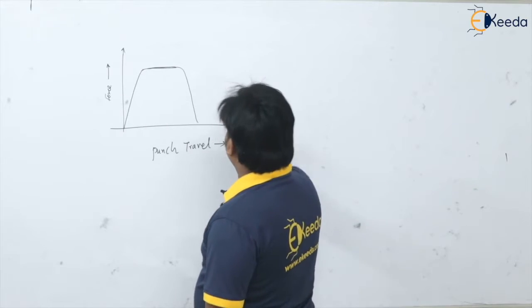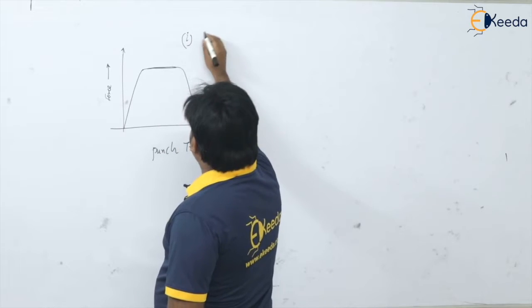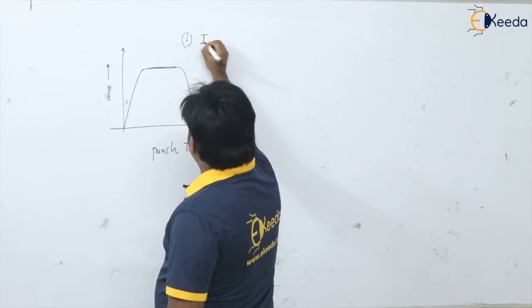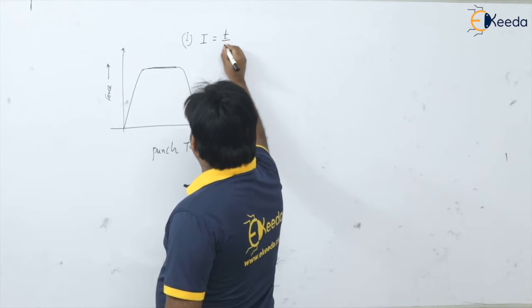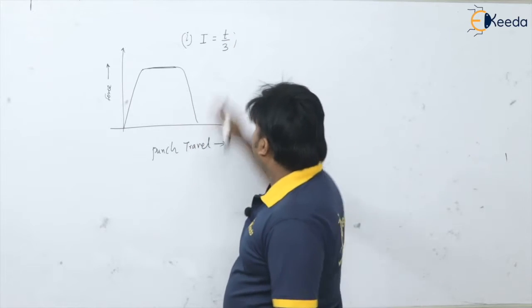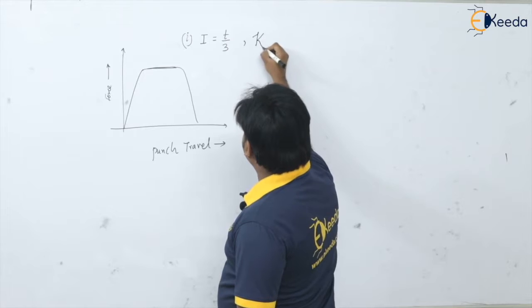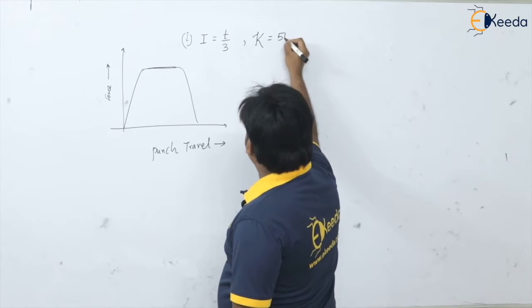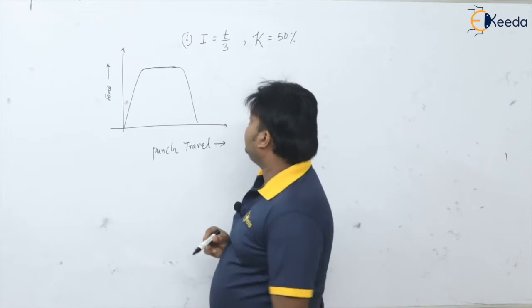So let us have the first case, that the shear I am going to provide in the operation is the thickness of plate by 3, that is 1/3 of the thickness of the plate. And in every case I am going to have the penetration as 50%.